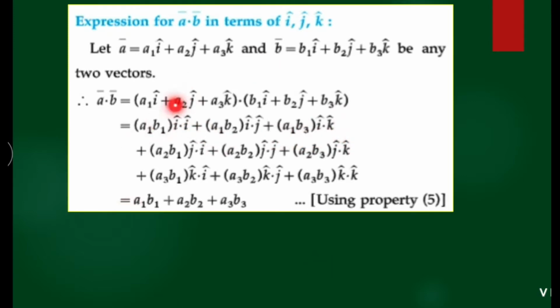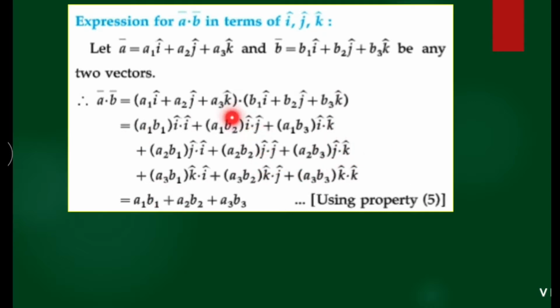So similarly we multiply a2 j to each term of the second bracket, so we write a2 b1, a2 b2, a2 b3 and here j dot i, j dot j, j dot k.